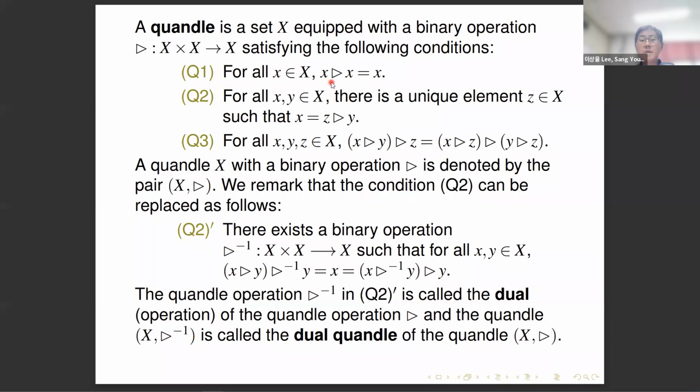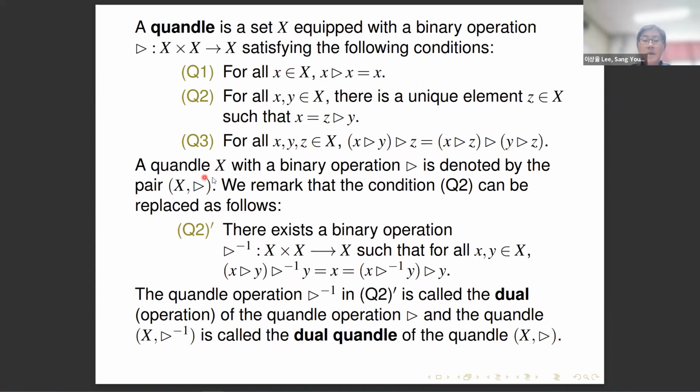For all X, X delta X is X, that is, the operation is idempotent. For all X, Y in X, there is a unique element Z such that X equals Z delta Y. And for all X, Y, Z, it satisfies these self-distributive laws.